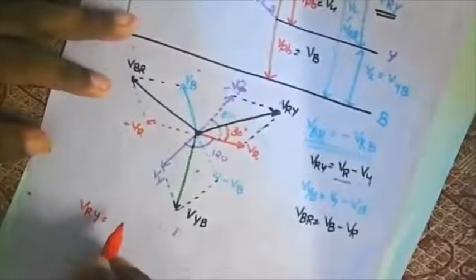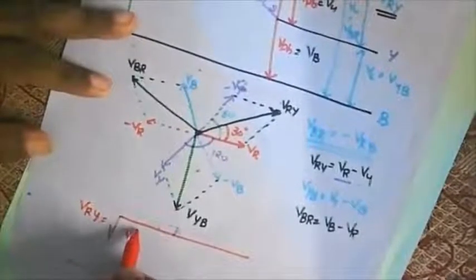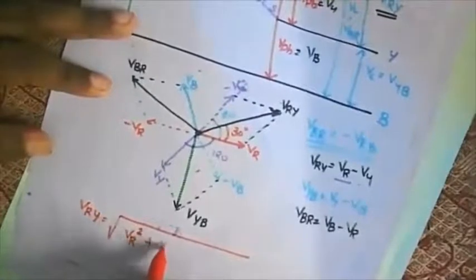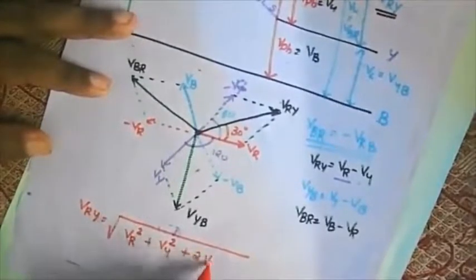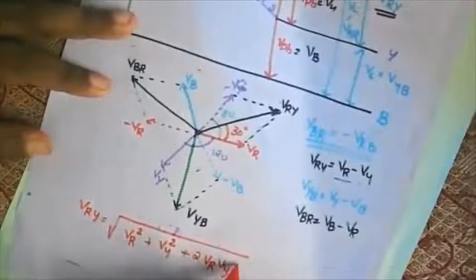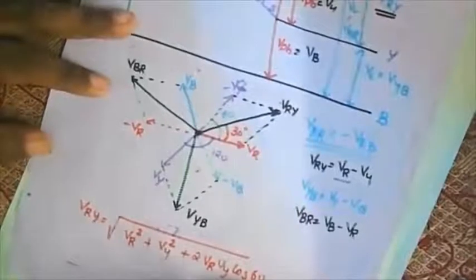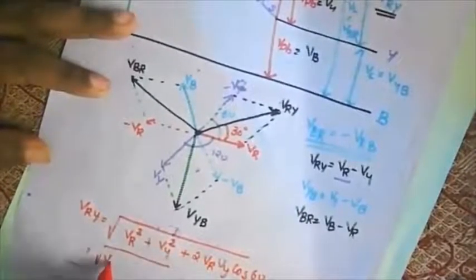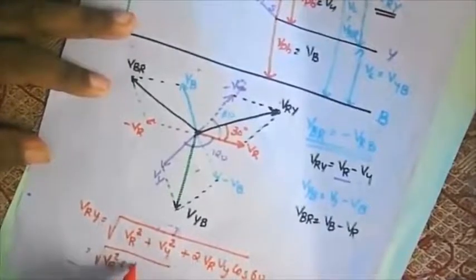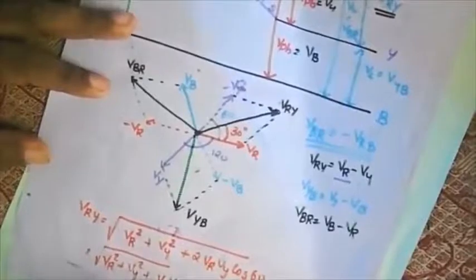VRY is equal to root of VR squared plus VY squared plus 2 VR VY cos of angle 60 degrees. Cos 60 is nothing but 1 by 2, that is root of VR squared plus VY squared plus VR into VY.